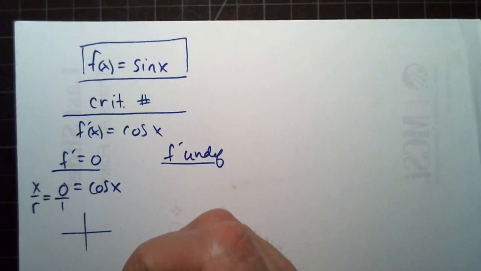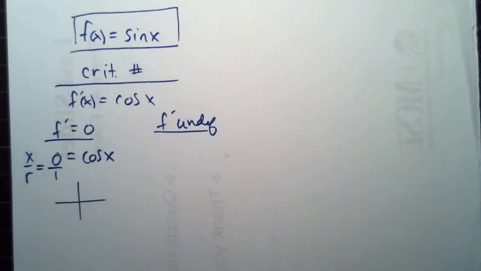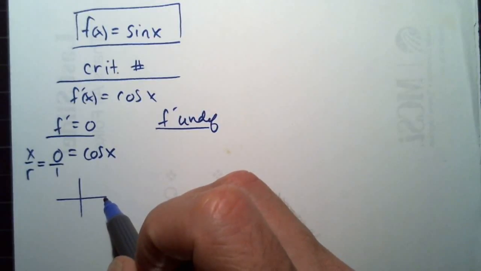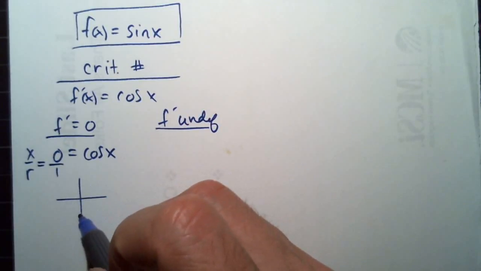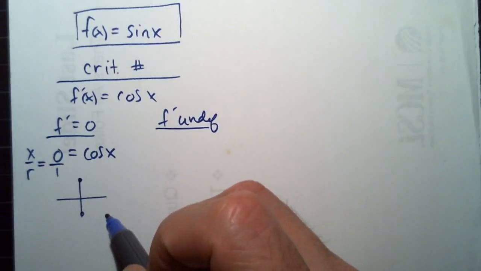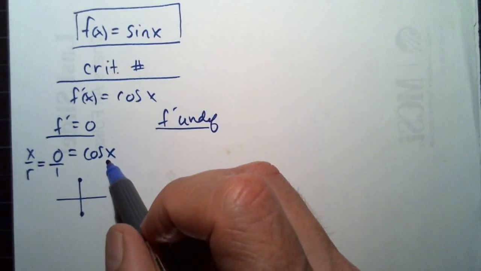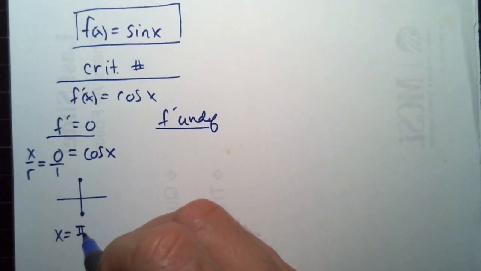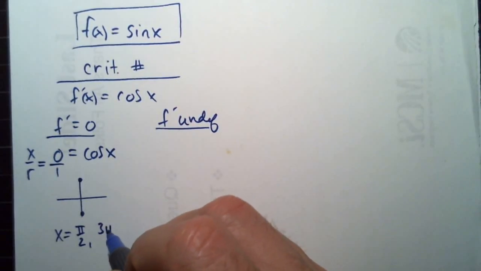If we look at the graph, x is 0 means we'll be on the y-axis, and the radius is 1. So these angles are where cosine is 0, and we get pi over 2, 3 pi over 2.